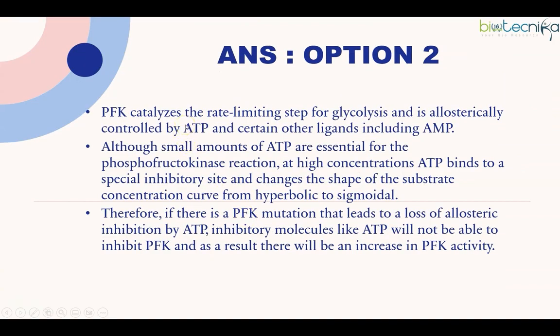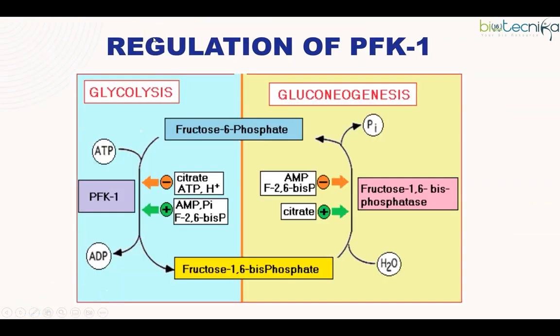PFK, we know, catalyzes the rate limiting step of glycolysis, and it is allosterically controlled. This is an allosteric enzyme. Allosteric enzyme means apart from the substrate binding site, some other site is also there where modulators can bind to it. PFK catalyzes the conversion of fructose 6-phosphate to fructose 1,6-bisphosphate.